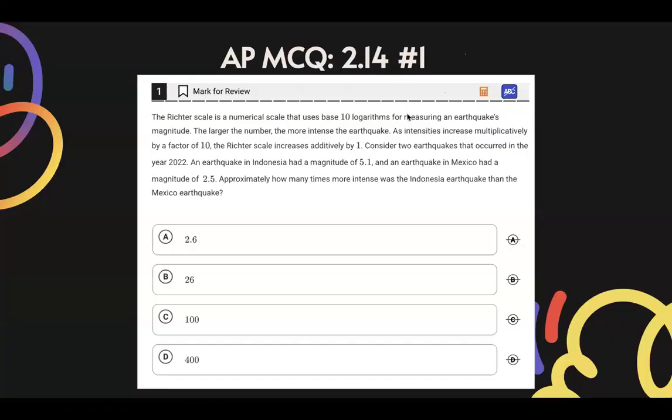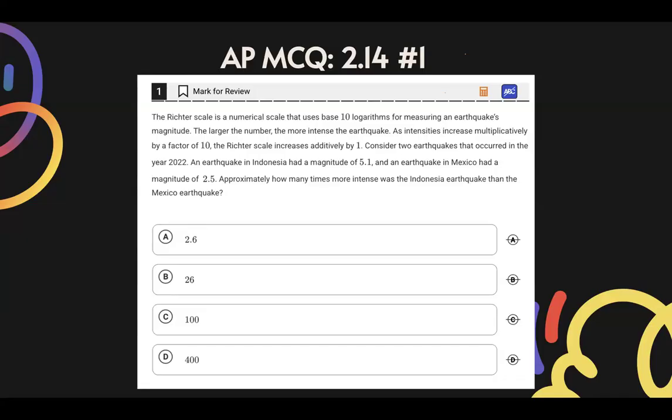Okay, so with question number one from last night's homework, we know that the Richter scale is an exponential function with a base of 10. However, intensity is measured in that it increases multiplicatively by a factor of 10, and the Richter scale increases additively by 1. So with intensities, we're thinking about logarithms. Essentially, all you have to do to solve this is make a base of 10, and you're doing 10 raised to the 5.1 minus 2.5.